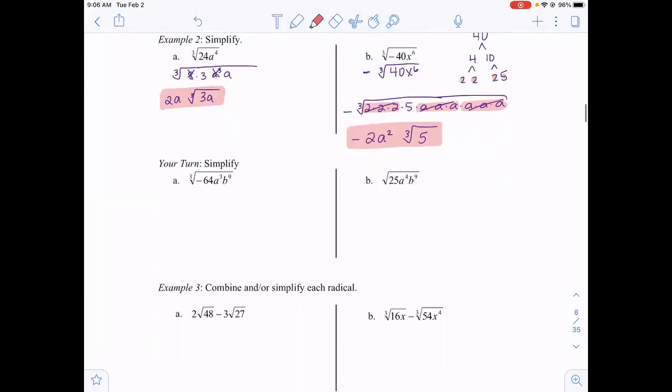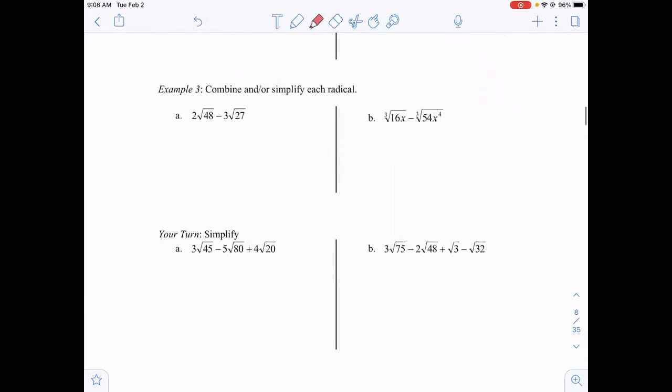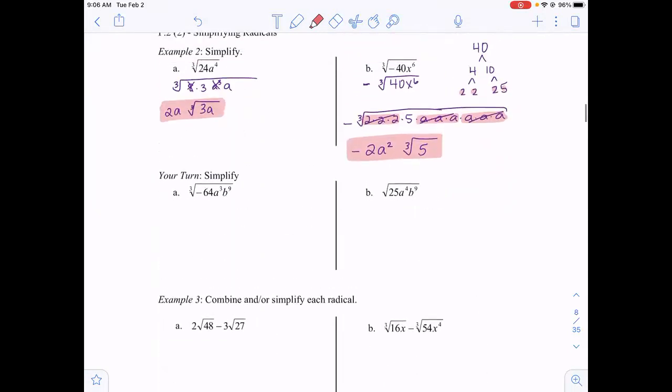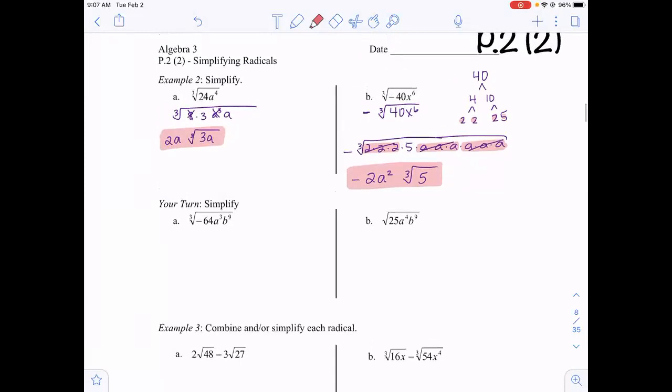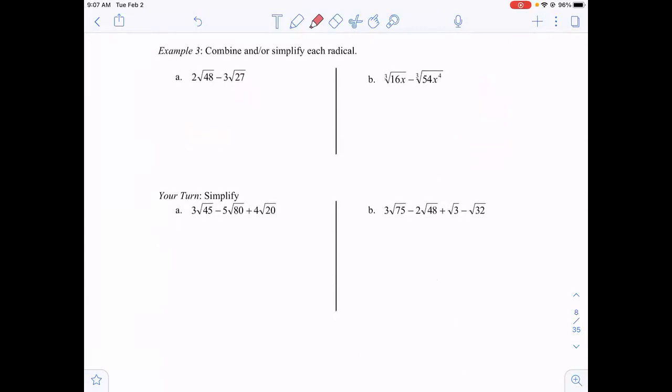So like that problem we just did, there's going to be several of them. And notice at your turn, there's 3 and 4 terms. So that process gets a little bit lengthy at times. That's why it's good to start to get into the habit of knowing what perfect squares and perfect cubes are. Okay. All right. Are we ready for example 3? Combining and simplifying. I think we just have one more after this.